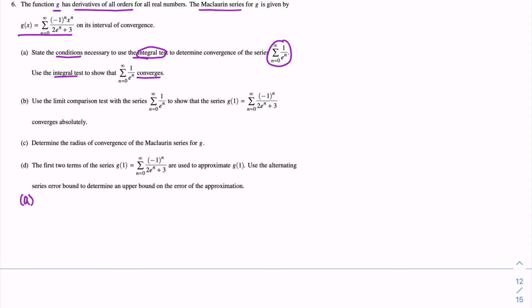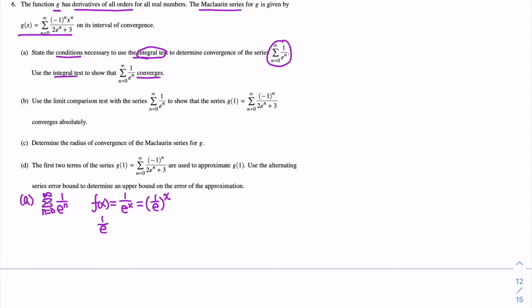Part A, given sigma n from 0 to infinity 1 over e to the n, the corresponding function will be 1 over e to the x. This is an exponential function with the base 1 over e.